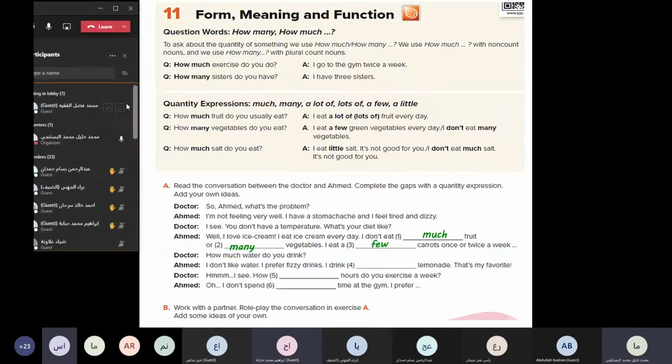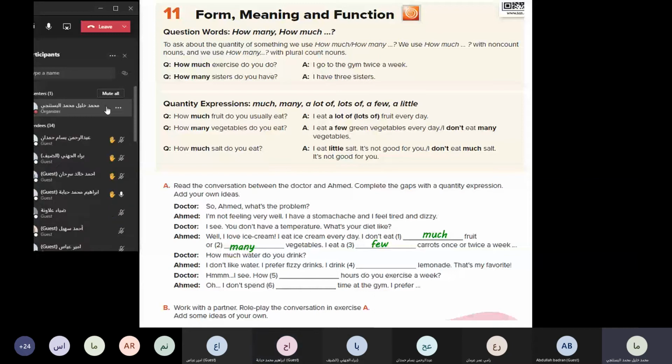What does it mean? Not many and not enough. Once or twice a week. So this is too few. Very few.